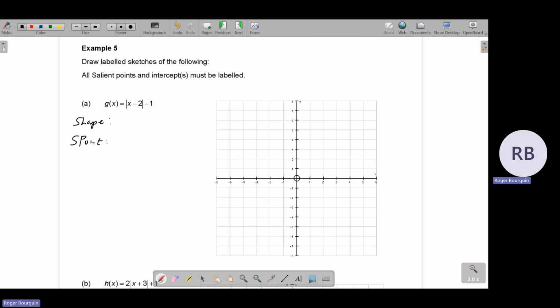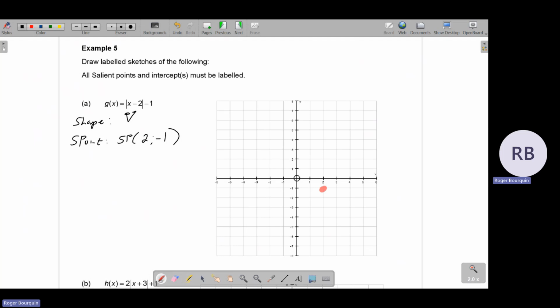Right, have your say. Salient point. 2 and minus 1. So I would immediately put the salient point on my diagram. 2, minus 1 is over here, right? And it's happy. Is it going to have an x-intercept? Yes. Yeah, let's quickly find those together.